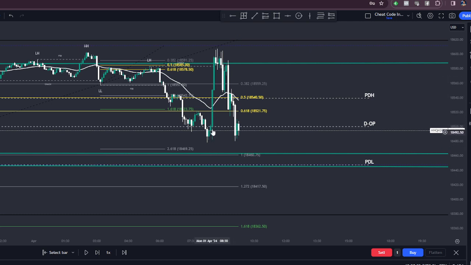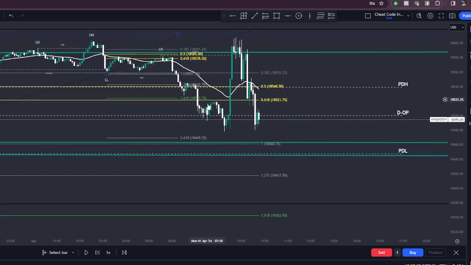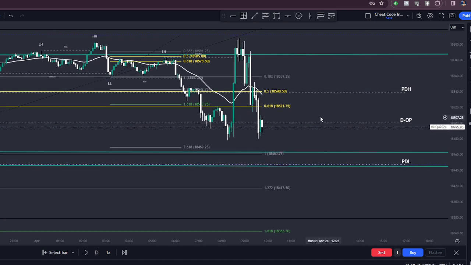Sorry, 8:30 because I'm in Central Time. This is 8:30. So this would have been, I would have had to have taken, like I said, I like to take my targets here, right? And then I scale it, or I trail it till this target.